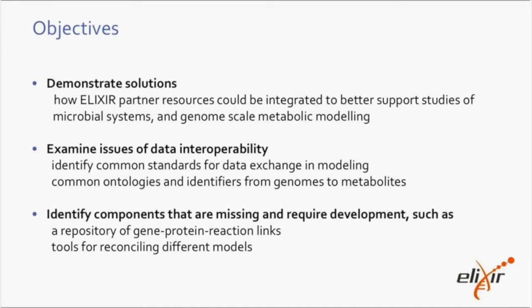We spent some time identifying common standards which can be used to describe the biological entities in these models. That includes common ontologies and identifiers, all the way from the genes in the genome to individual metabolites. We also looked at components that are missing and require development, like, for instance, a database of gene-protein-reaction links, which are known to occur in models, but which are missing from knowledge bases.